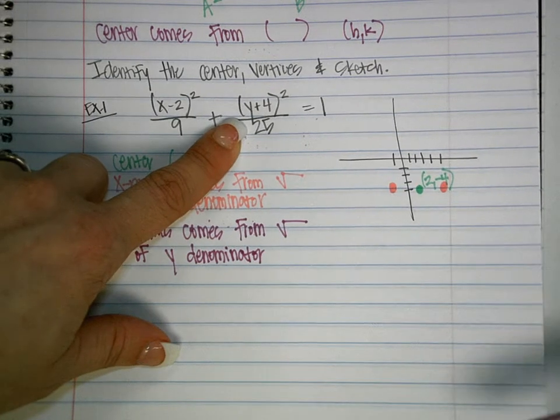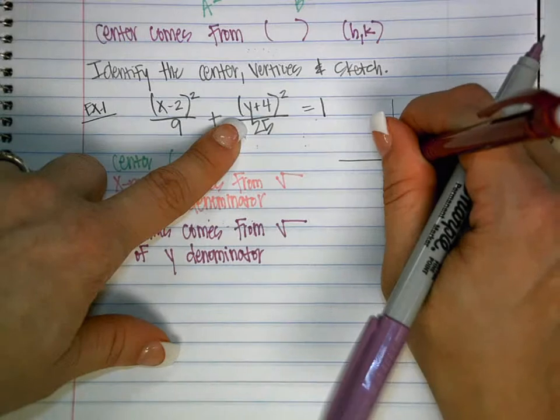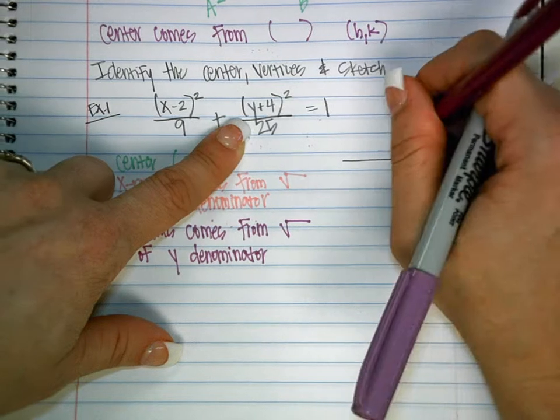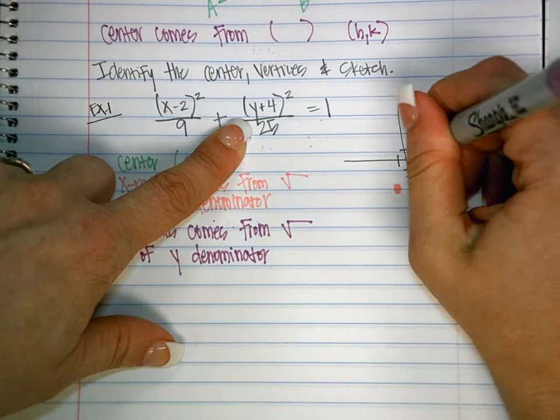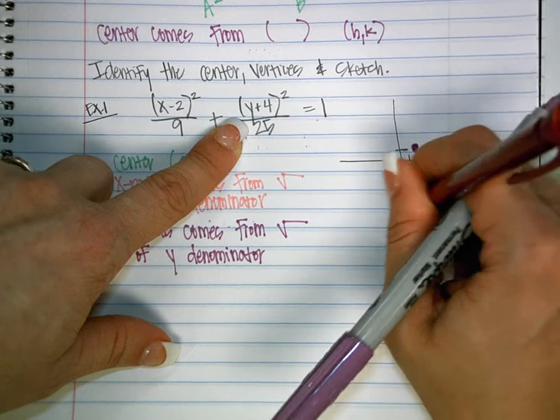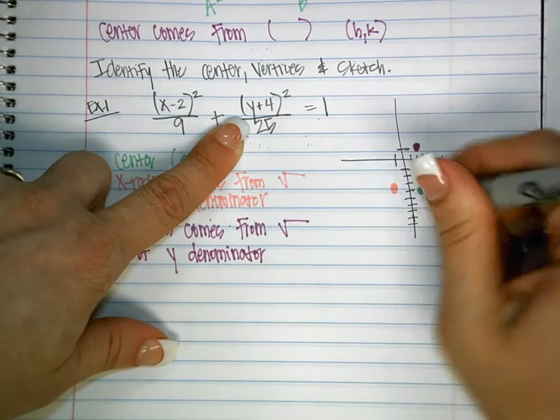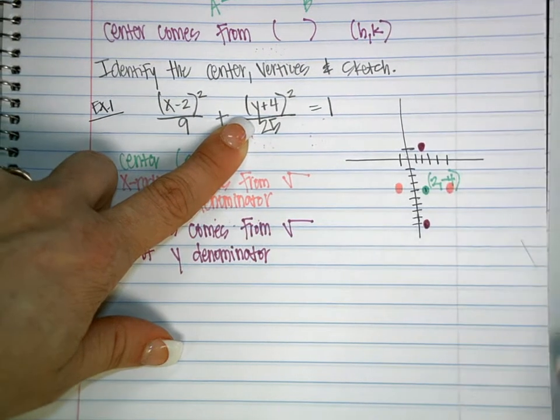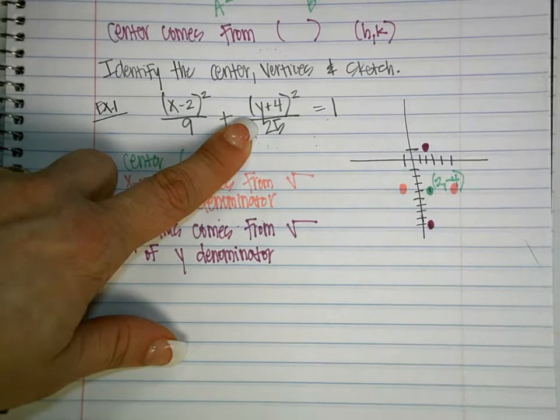So you move from the center, not from 0, 0, but from the center you move up 5, put a dot, down 5, put a dot. Then these are your guidelines to make your ellipse.